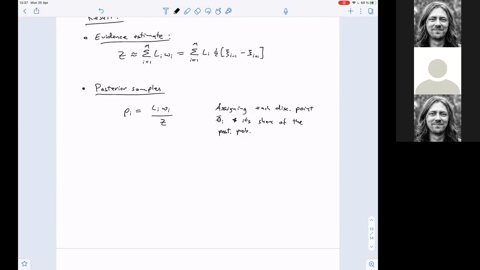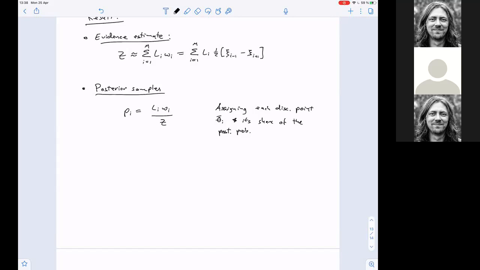What is often done in practice is that instead you use those weights and you resample to get what's called equally weighted samples. So effectively, you're running through all your samples, and for every sample you draw a random number, and you compare it to the weight of that posterior sample.